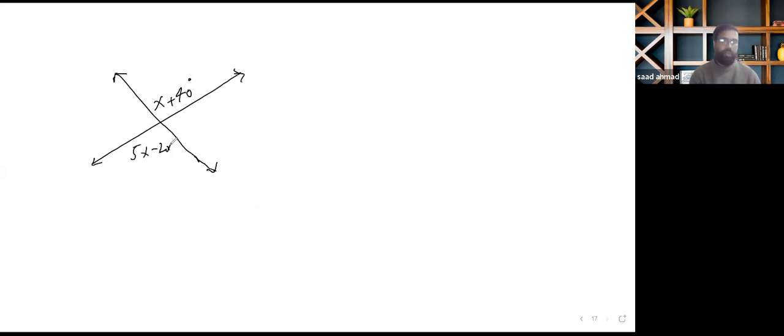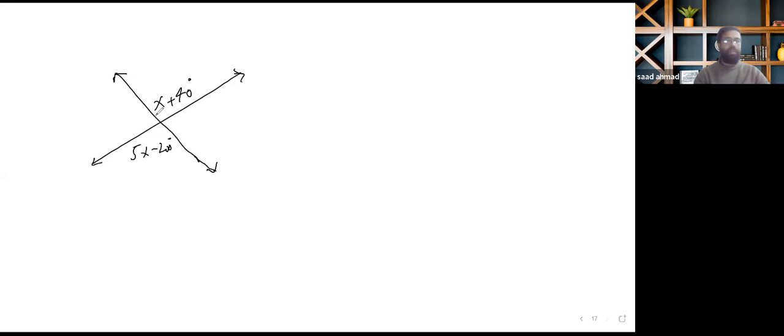Now quickly let's try some practice, just a few questions related to it. Let's say we have this, and this is x plus 40 degrees, and this is 5x minus 200. We don't know what the x is right now, but we want to figure out what the x is.